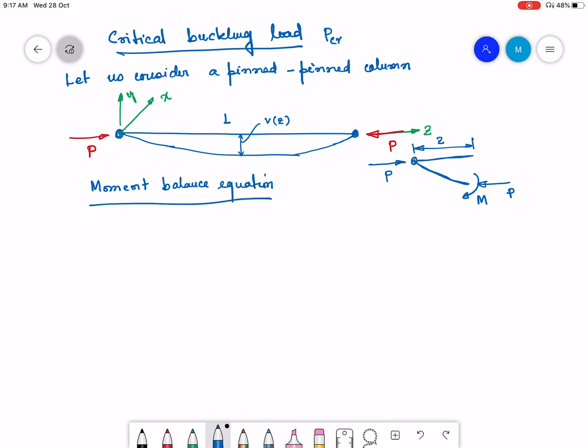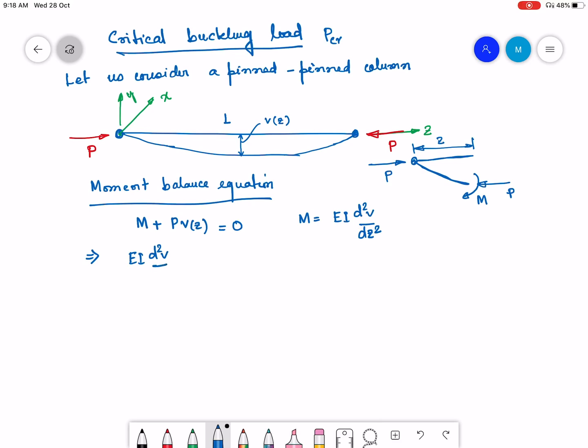I am saying that M plus P into v(z) is equal to 0. In place of moment, moment can always be written as EI d2v by dz square.